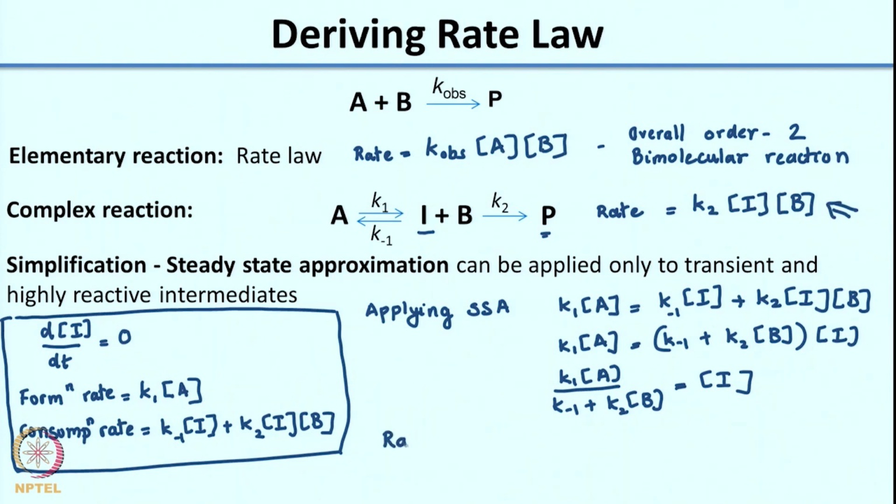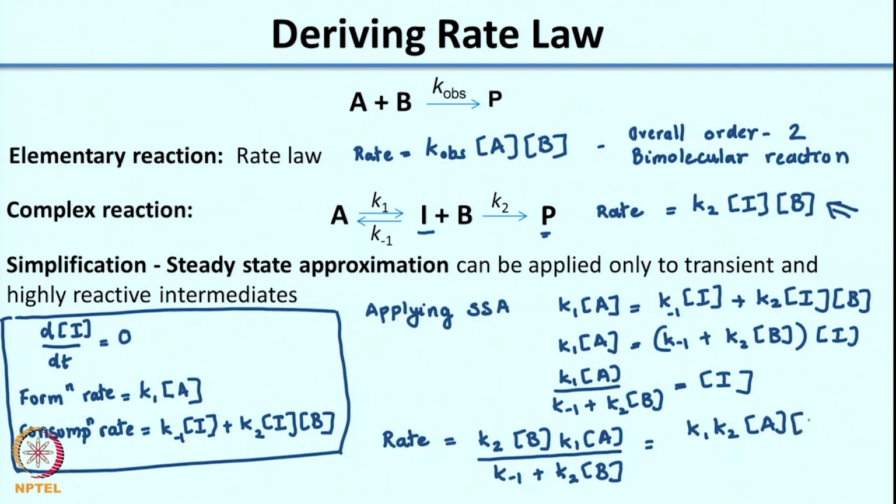So what you get is the rate would be equal to K2 into concentration of I into concentration of B. So, I will go ahead and write concentration of B, and in terms of concentration of I I would write K1 A. So, what you get would be the rate law for this complex reaction.